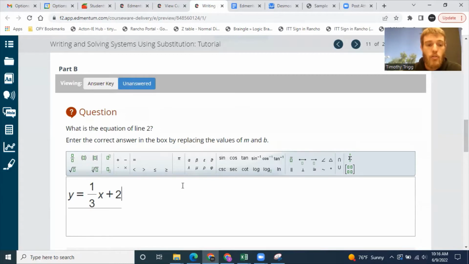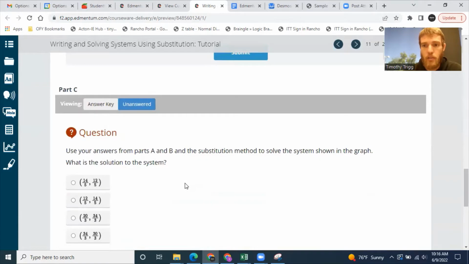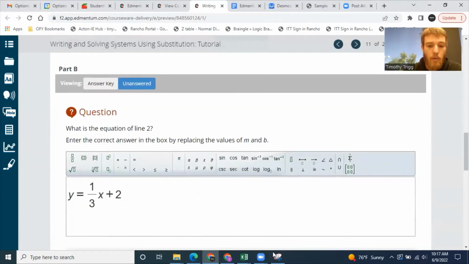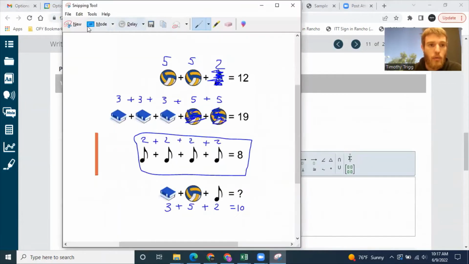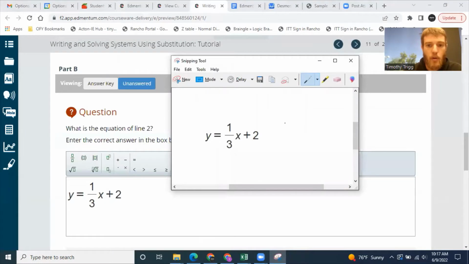Okay, so how do we use substitution to solve the system of equations? I'm going to write down the 2 equations. Here's one of the equations, and then the other equation was y equals 2x minus 2.